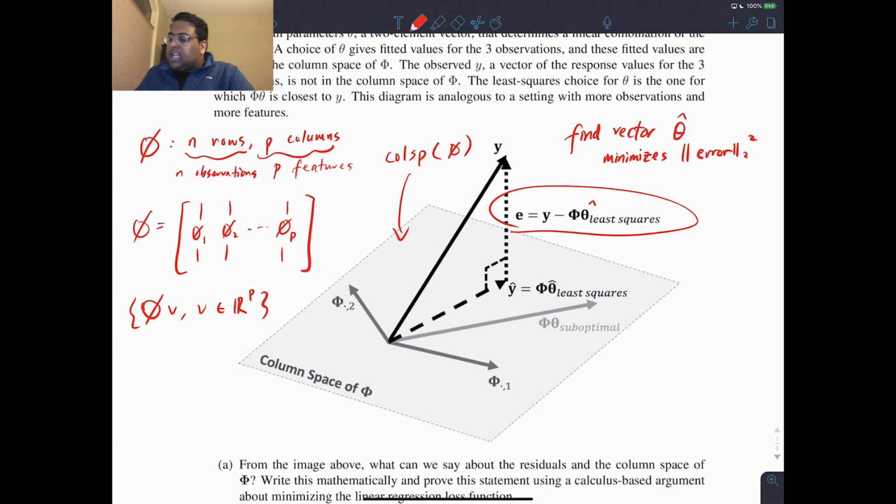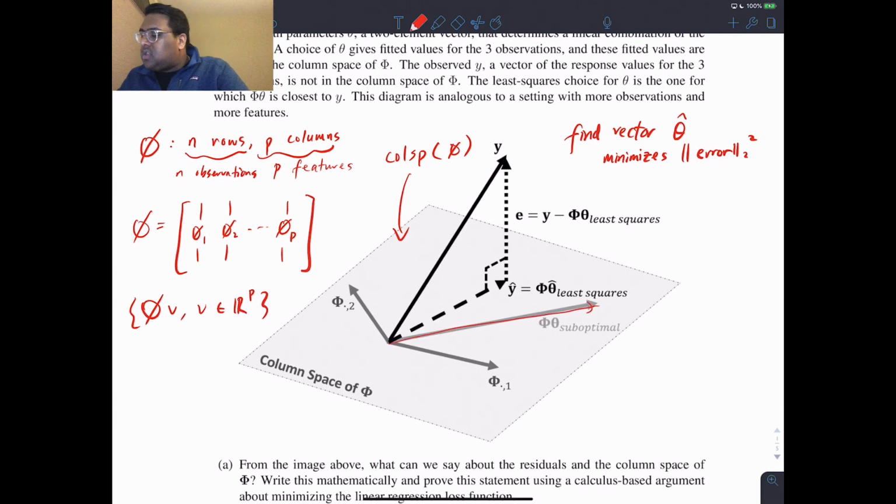Again, the column space of phi is the set of all possible vectors we can reach by taking phi times v, and we want to find the v, which we'll call theta hat, that minimizes the norm of this error. Notice if we choose a theta that's not the optimal one, if we multiply by some arbitrary vector v, we can have phi v or phi theta look something like this.